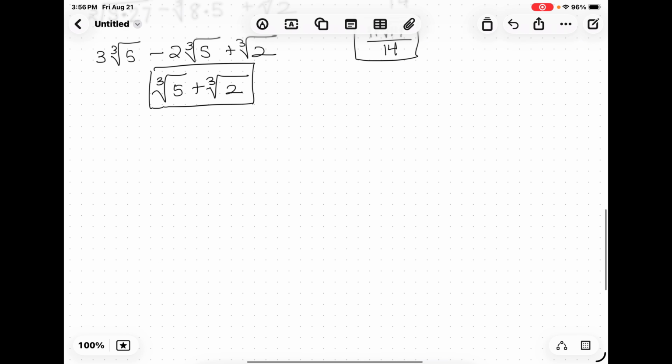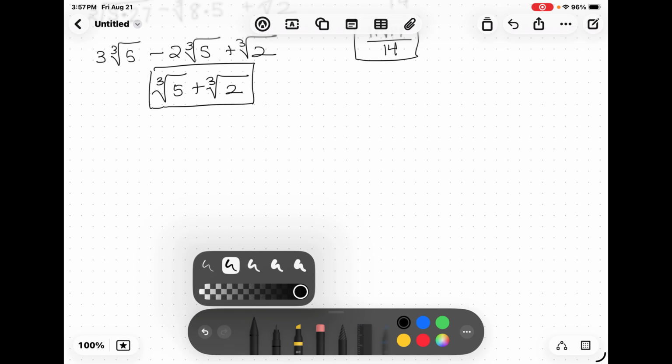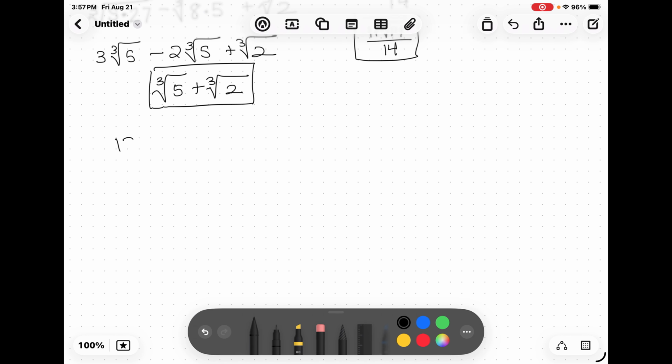Two more examples. Let's look at this. Simplifying this.